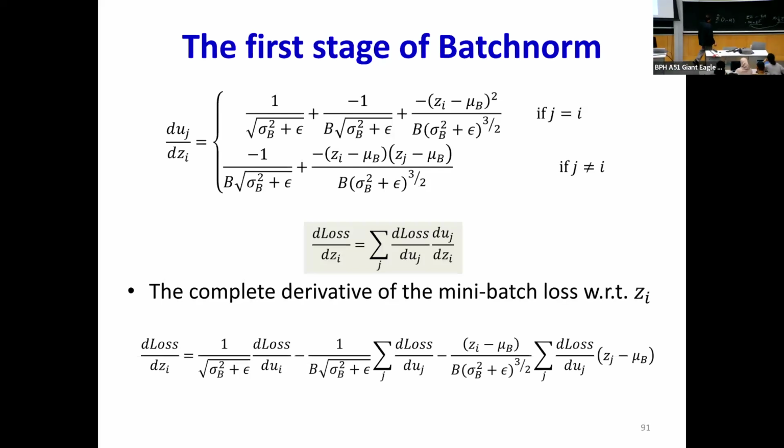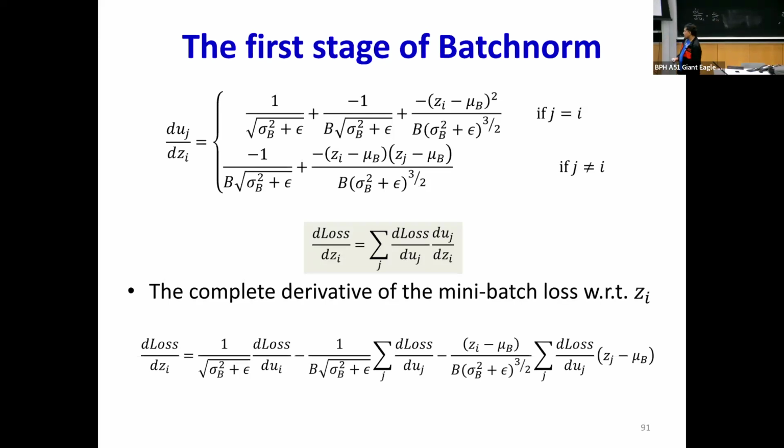Okay. So let's consider a case where my mini batch consists of the same training instance repeated over and over and over again. If that happens, then I should be able to write simply that the derivative of the loss with respect to any ui is simply going to be the derivative of the loss with respect to u, because all the training instances are identical, correct?